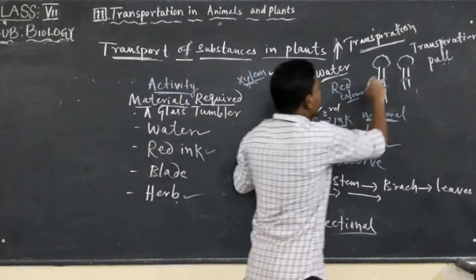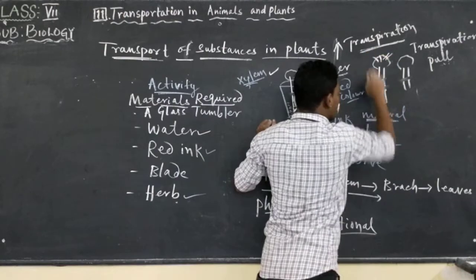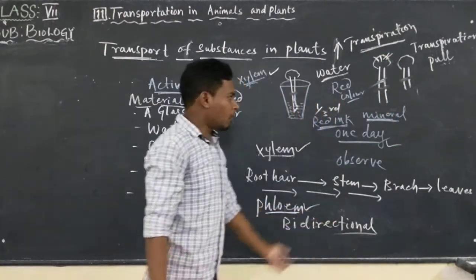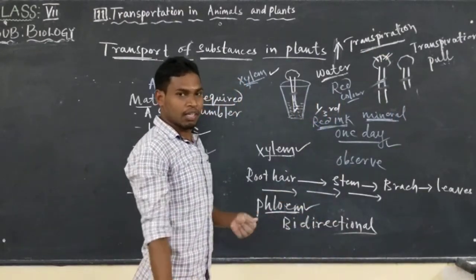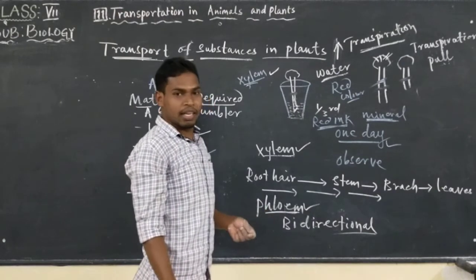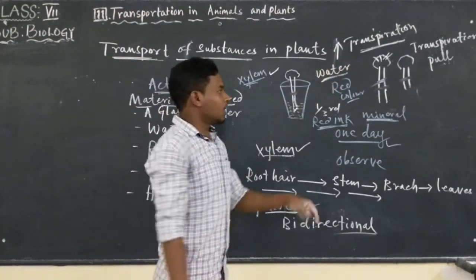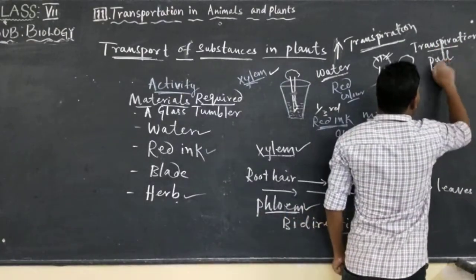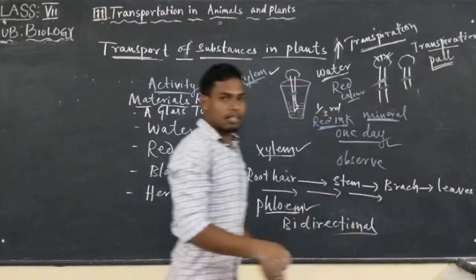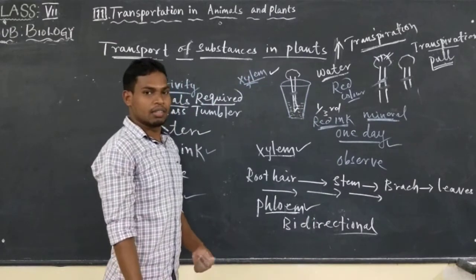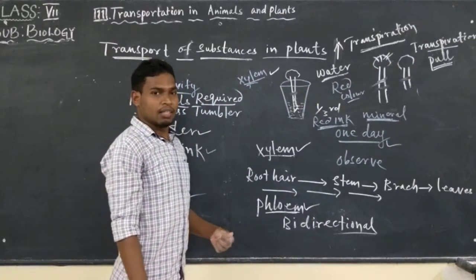By the help of transpiration pull, a massive amount of water is carried from the ground and released through the stomata. This transpiration pull helps to conduct more water from the ground.